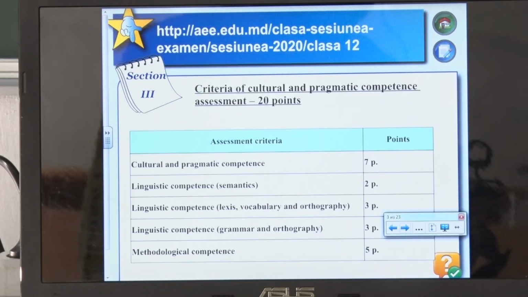Next is linguistic competence based on grammar and orthography, and for this you can get 3 points. Methodological competence is the final competence, and for this you can get 5 points. Be very attentive. These points, you can get them only if you do and write everything correctly.